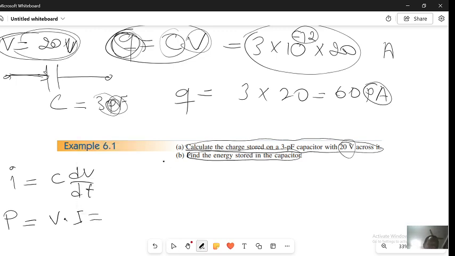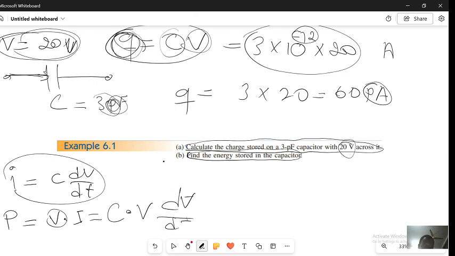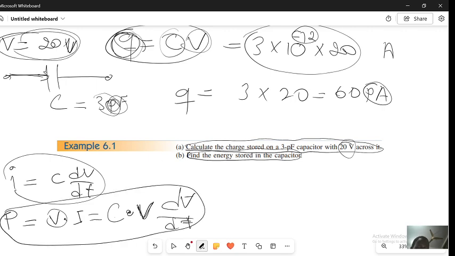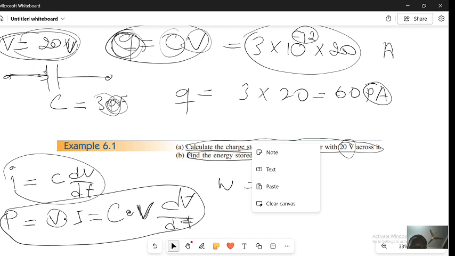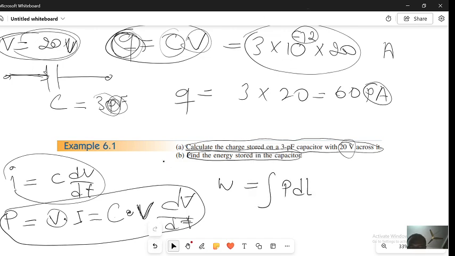So the current is C multiplied by dV divided by dt, and multiplied by V, this is going to be my power: p = C V dV/dt, the current multiplied by the voltage. Now I have the power. I know that energy equals the integration of power with respect to t.